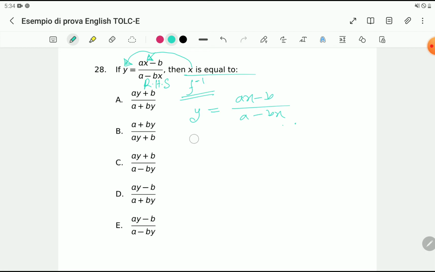So what we will do, we have to find the value of x. We can write y times (a minus bx) equals ax minus b. Therefore ay minus bxy equals ax minus b.